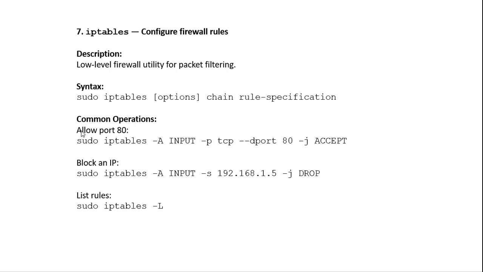Common operations: allow port 80 with sudo iptables -A INPUT -p tcp --dport 80 -j ACCEPT. Block an IP with sudo iptables -A INPUT -s 192.168.1.5 -j DROP, and list the rules with sudo iptables -L.